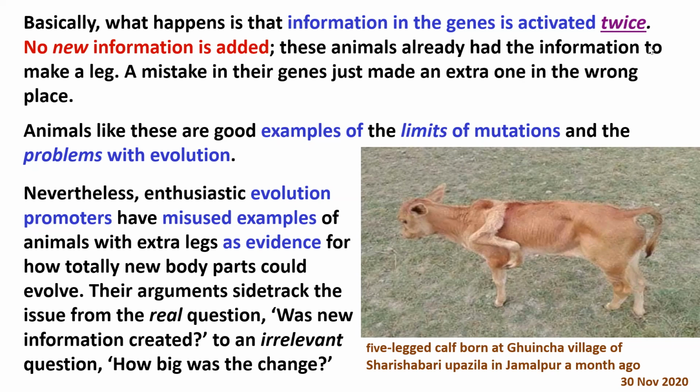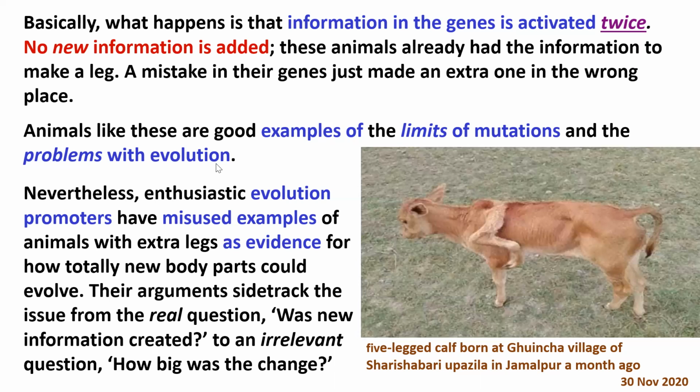These animals already had the information to make a leg, or in the case of the first calf, the information to make a head. A mistake in their genes just made an extra one in the wrong place. Animals like these are good examples of the limits of mutations and the problems with evolution.